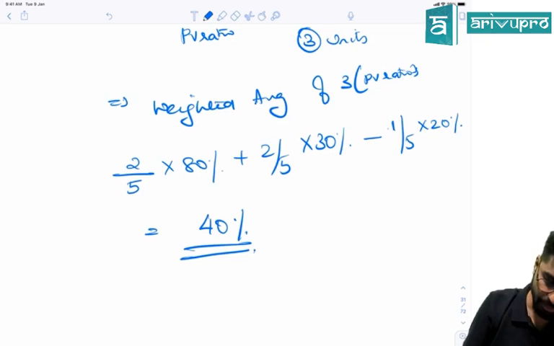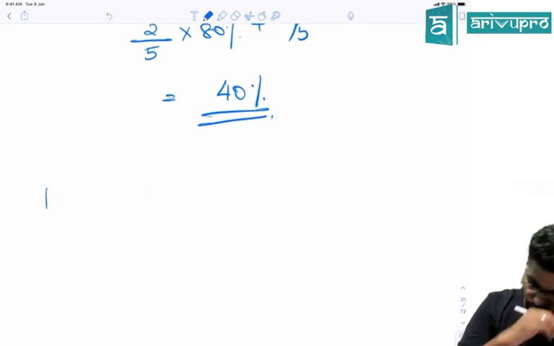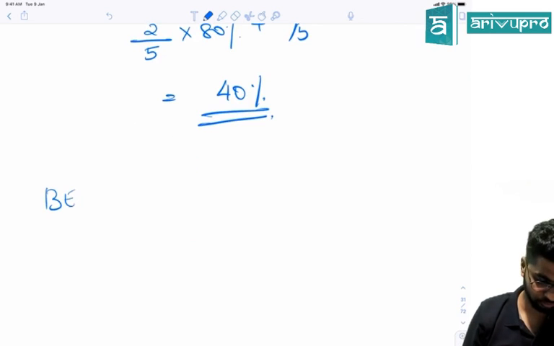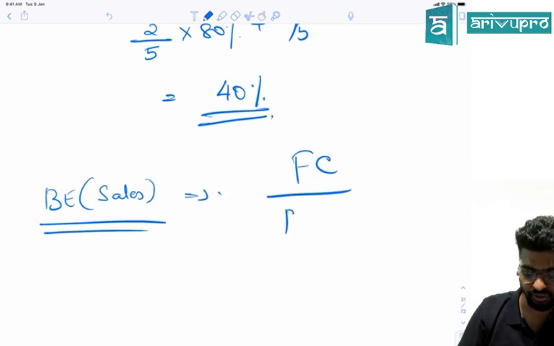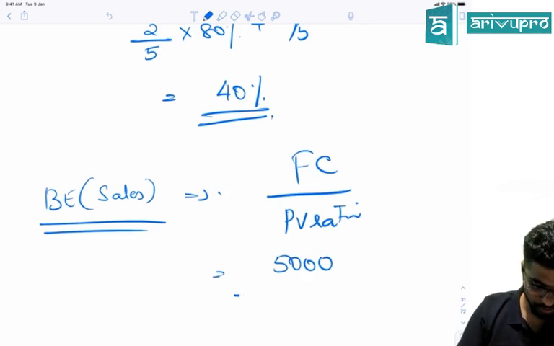So can I find break even sales? Break even sales will be fixed cost upon PV ratio, which is fixed cost 5000 divided by 0.4. Therefore, it's going to be 12,500.